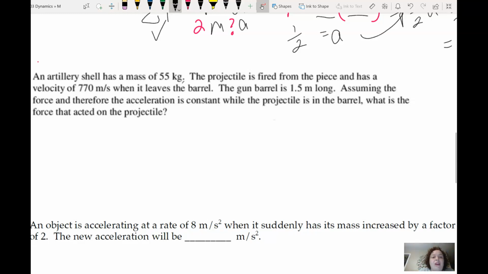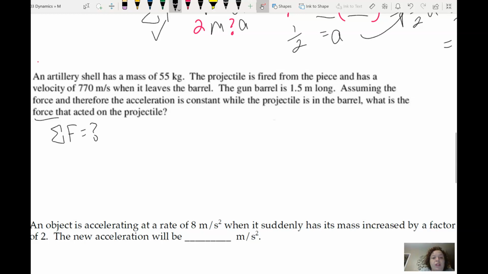So let's take a look at what we have in this problem. The ultimate question in this problem is, what is the force? So we need to find the net force acting.